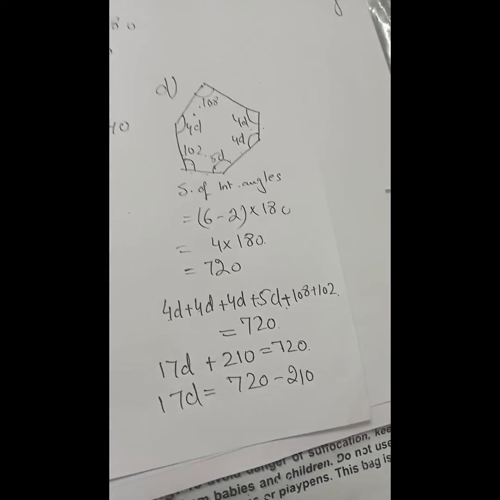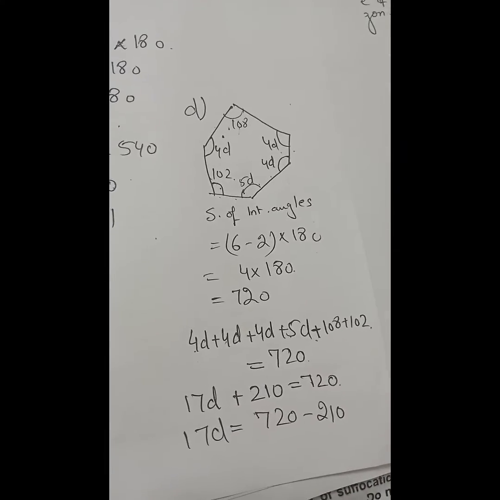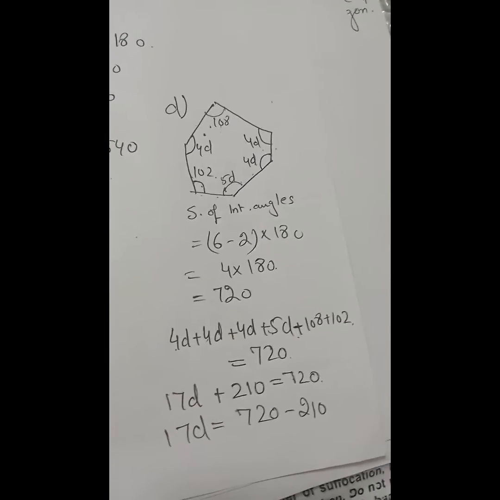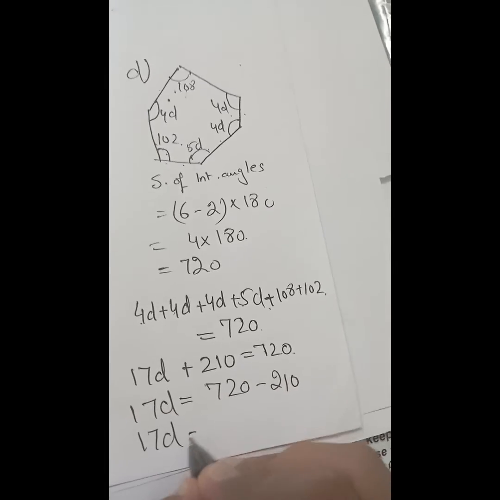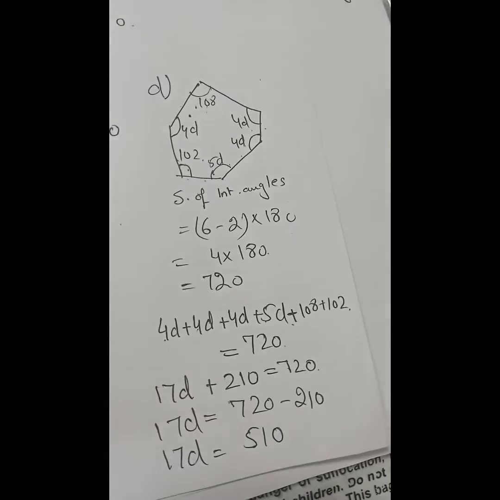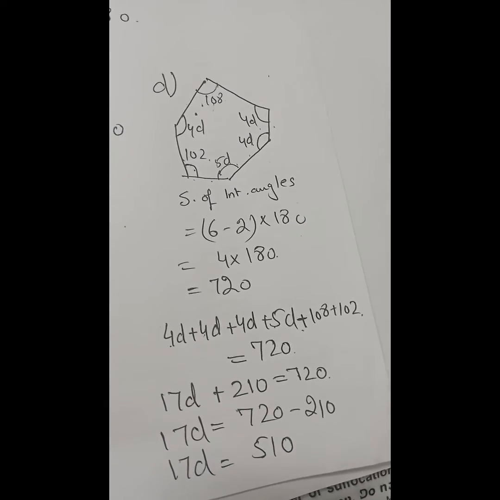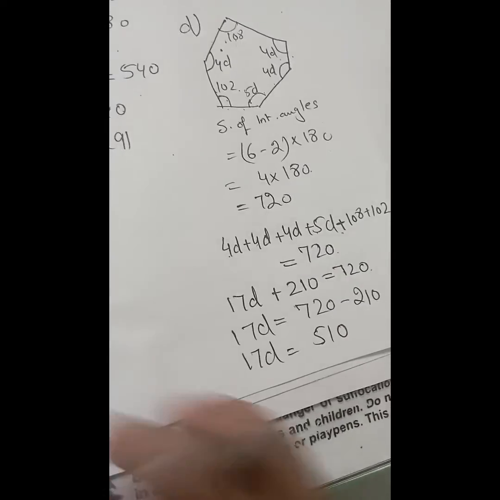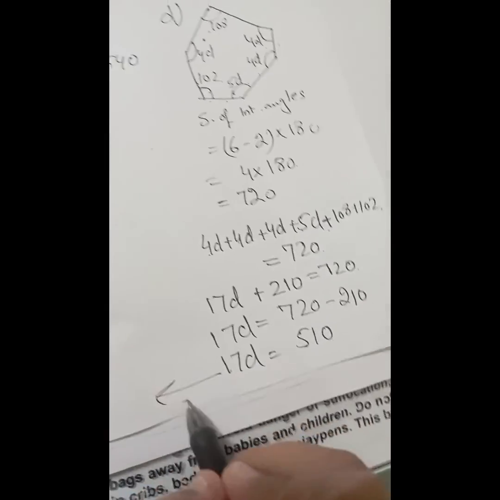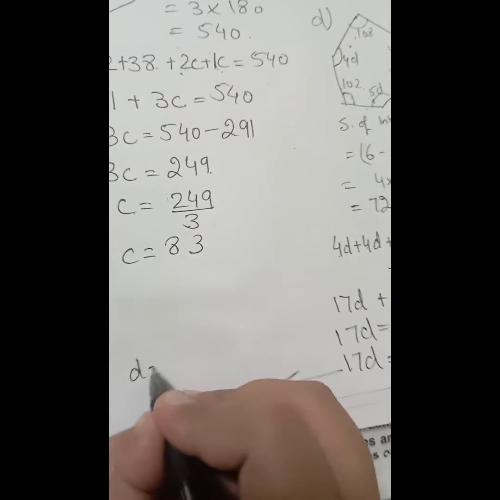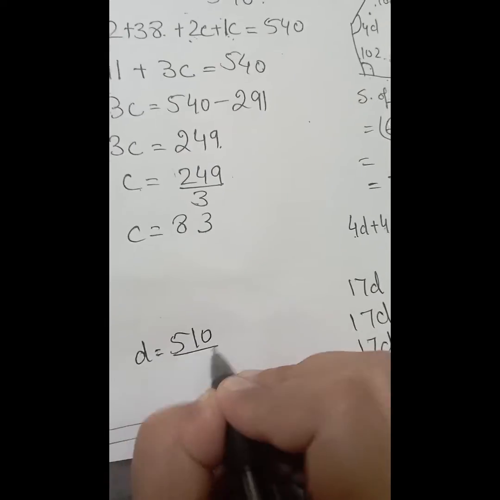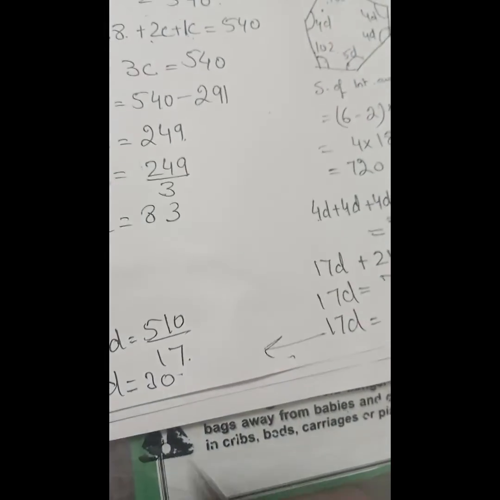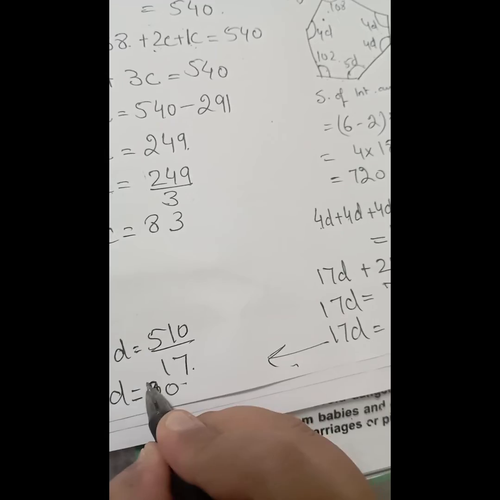Subtracting 720 minus 210 gives 510. So 17D is equal to 510. Now let's see if 510 is divisible by 17. Yes, it is. So dividing, D should be equal to 510 divided by 17, which is 30. So the angle is 30.